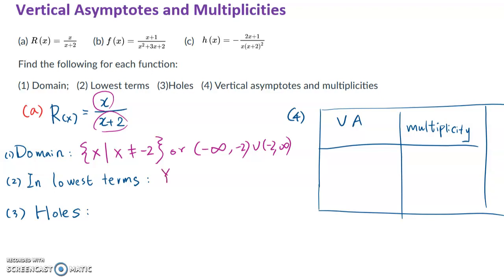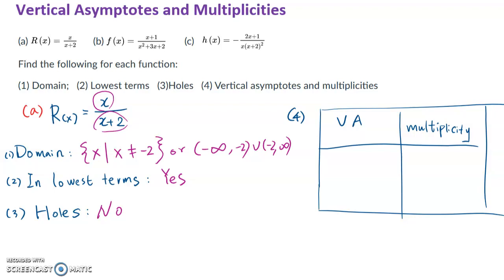So yes, this function is in lowest terms. Since we cannot cancel out any common factors, there are no holes in the graph. So here I say no.